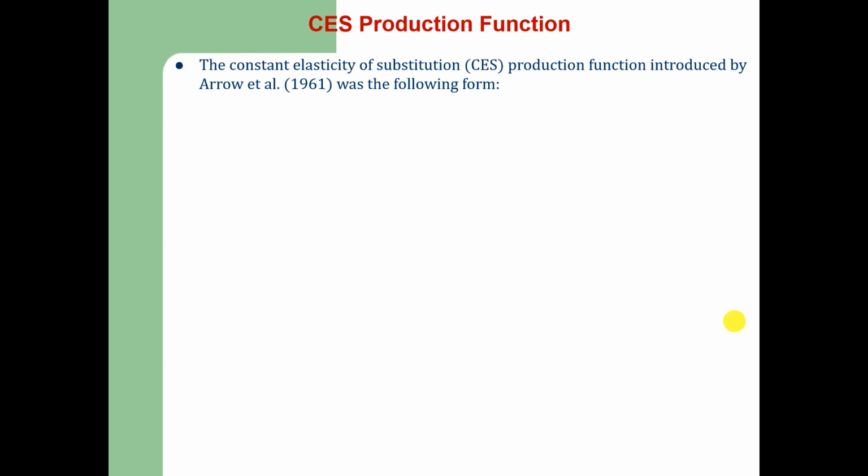This production function was originally introduced by Arrow and others in 1961, and the following form was used, where Q is the output, which is a function of labor and capital, and that is equal to K raised to the power rho plus L raised to the power rho, whole raised to the power gamma divided by rho. In this production function, rho is not equal to 0 and it is less than or equal to 1. Gamma is greater than 0.